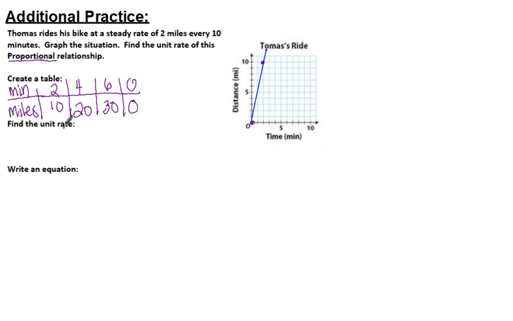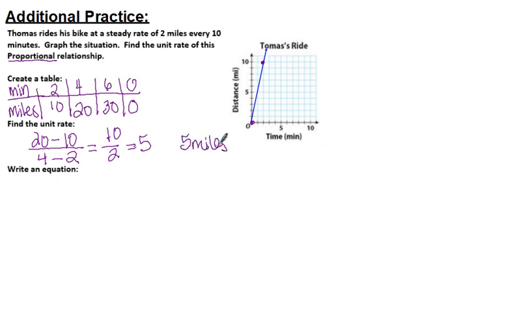So remember, unit rate is the same as the slope. So we need to find the slope. So I'm going to take 2 of my points and subtract. So I'm going to go 20, take away 10, over 4, take away 2. We get 10 over 2, which equals 5. And then remember, for our unit rate, we just put 5 miles.